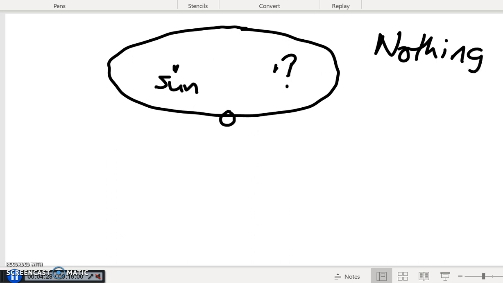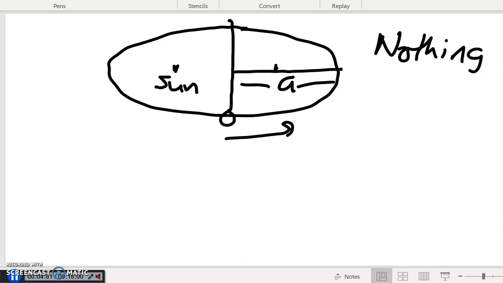The other focus is just a geometrical point in space. But we have our planet, and we have the sun. Once again, if I slice this orbit down the middle this way, and then again this way, this distance A here is what's known again as the semi-major axis. That's going to be important.